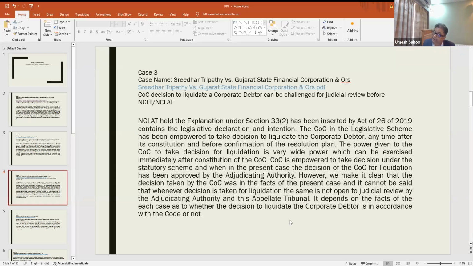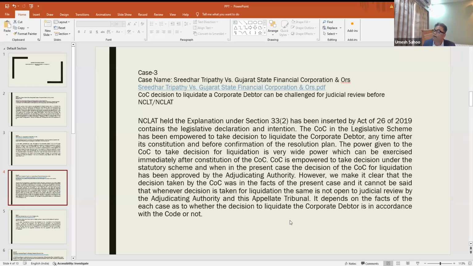First thing. Second thing, as an RP or IRP, when you are appointed, if you find that the recoverable amount or realization amount, in the event of resolution or in the event of liquidation, will not meet the cost of the CRP or liquidation, please put it before the COC.